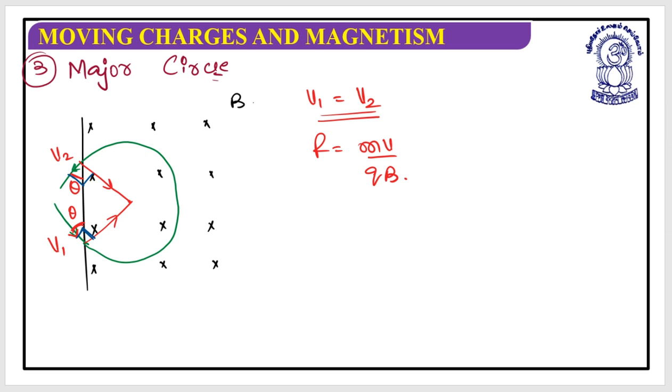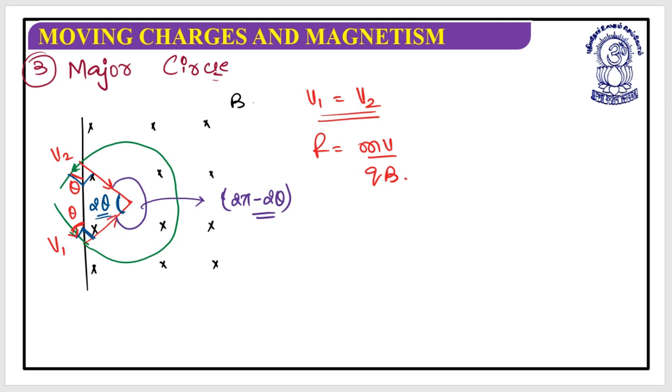If you calculate as in the previous slide, you will have this angle as 2 theta. But act wisely, because it is not the angle 2 theta which covers the trajectory of your charged particle. The angle which covers the trajectory will be equal to 2 pi minus 2 theta.